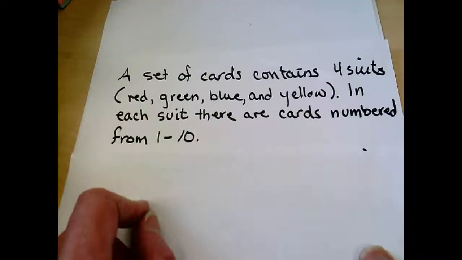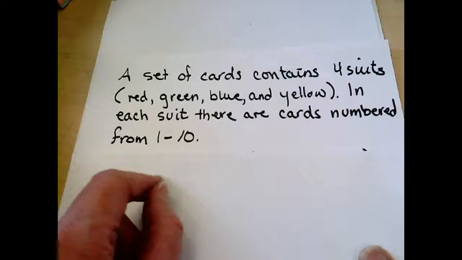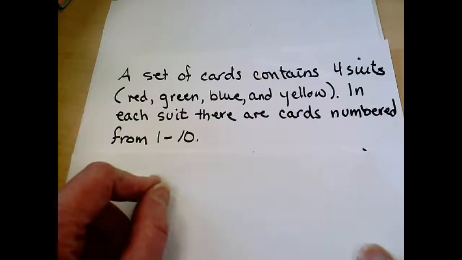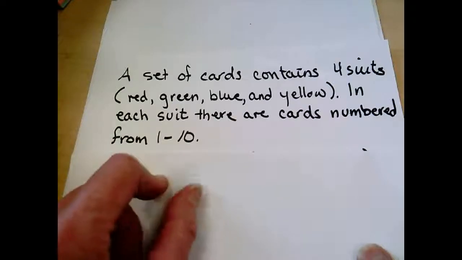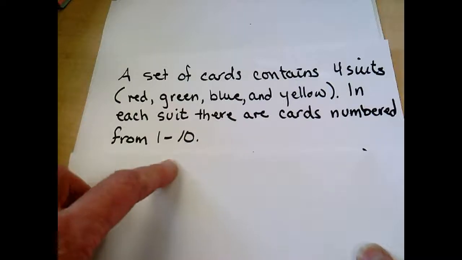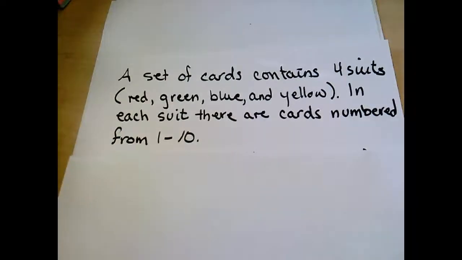An example of that is a set of cards contains 4 suits, red, green, blue, and yellow. In each suit, there are cards numbered 1 through 10. These overlap because each suit has a 1 through 10. So there is the overlap there.